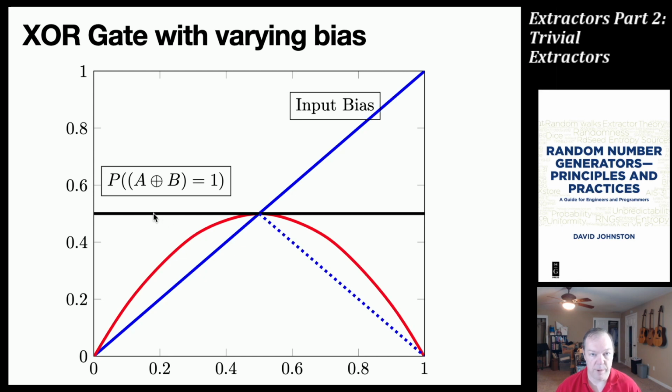If we have our bias at 0.5, then we have full entropy. And we can see at every point, except at the full entropy point and the 0 entropy point, the red line is closer to the black line than the blue line. So we can see for all the possible input biases, which are neither full entropy or 0 entropy, the output of the XOR gate is better, in the sense that it's closer to 0.5 than the input bias.